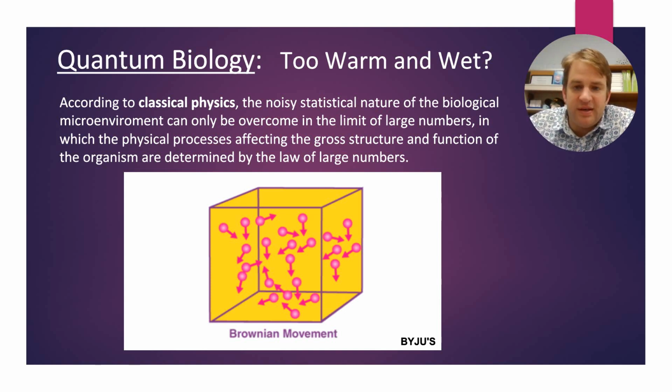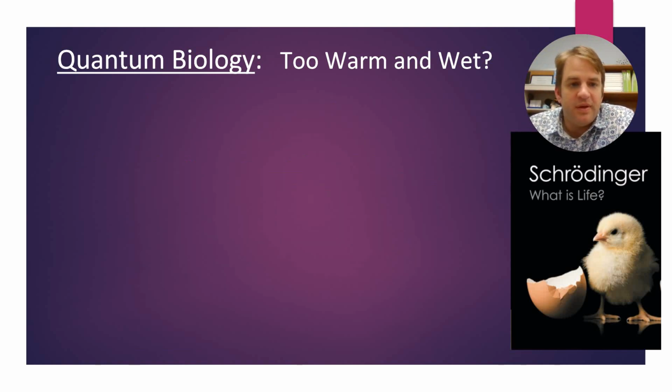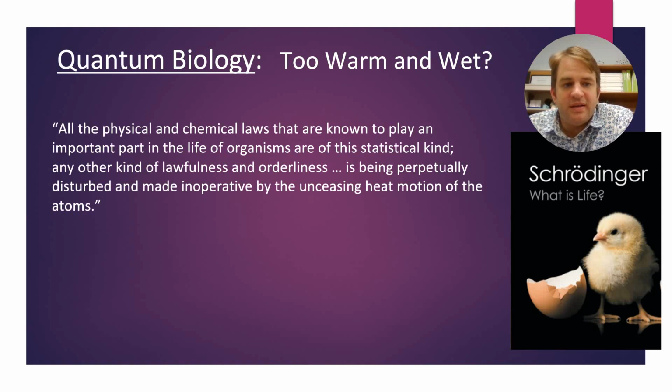Now, this is a key idea that was considered by Erwin Schrödinger in the 1940s, who emphasized that all physical and chemical laws that are known to play an important part in the life of organisms are of this statistical kind, and any other kind of lawfulness and orderliness is therefore being perpetually disturbed and made inoperative by the unceasing heat motion of the atoms.